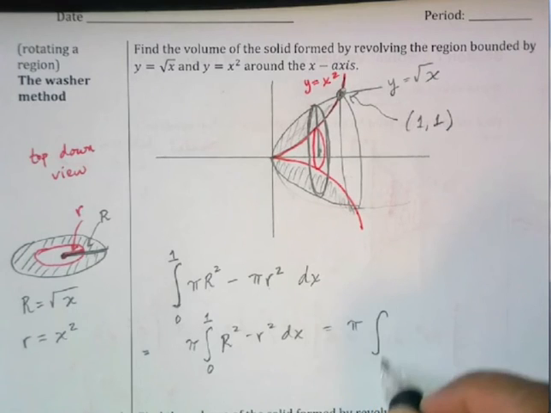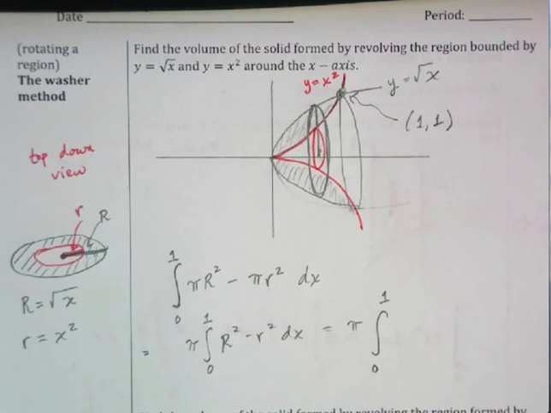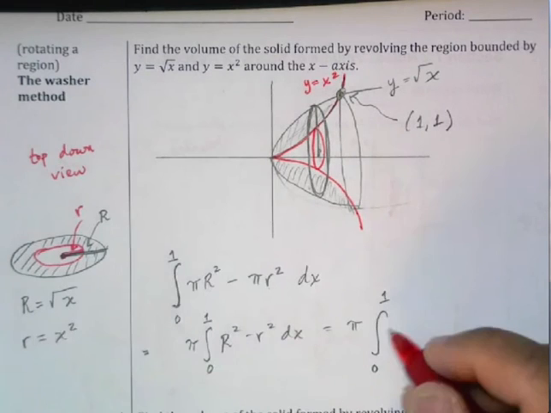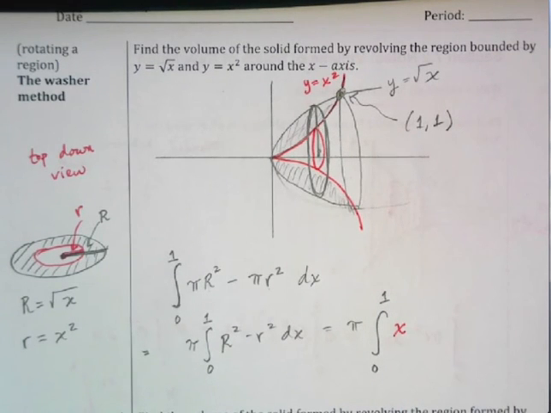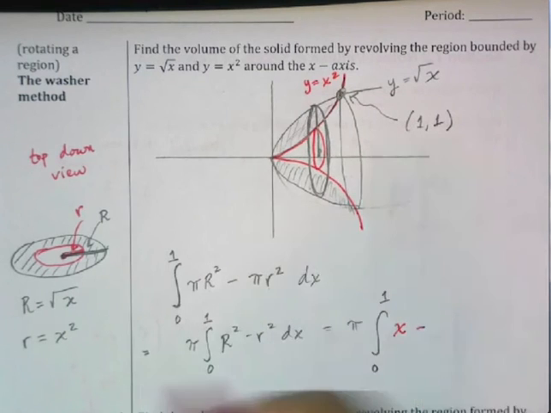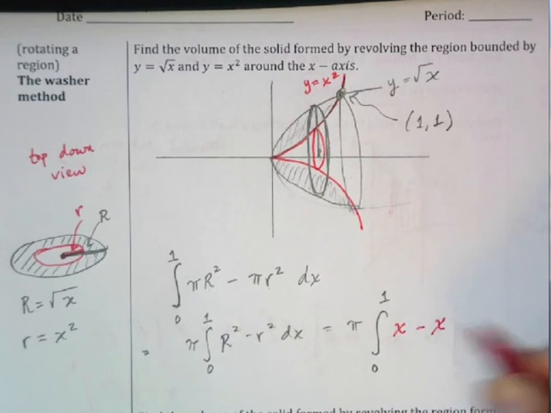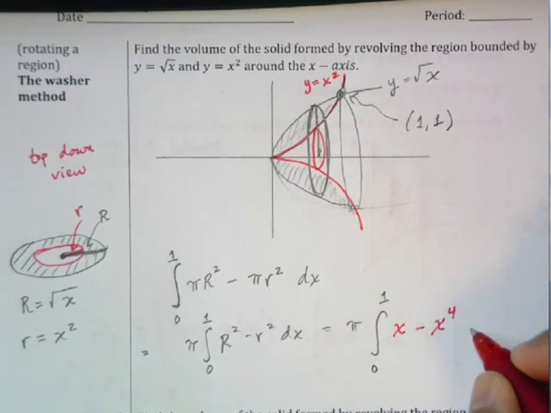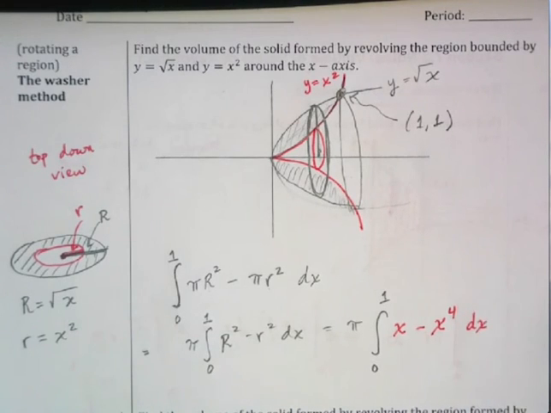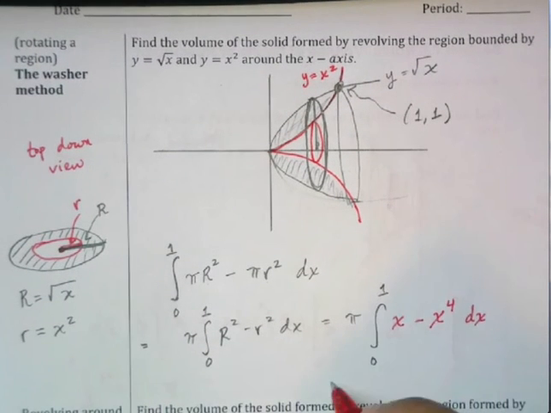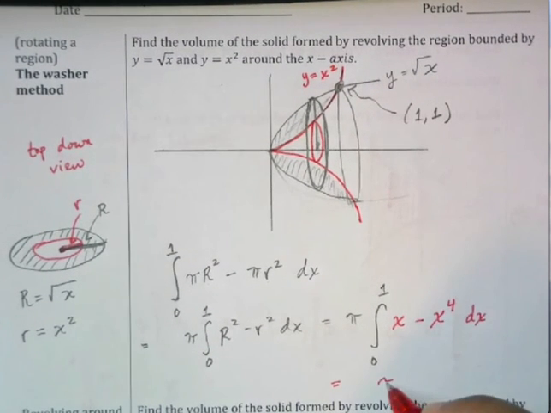So evaluating and doing a little bit of simplification, you have the integral from 0 to 1 of big R squared, so square root of x squared is just x, minus little r squared, so x squared squared is x to the fourth, and we're integrating along the x direction. And it's simple enough in this case that we can just integrate this by hand.